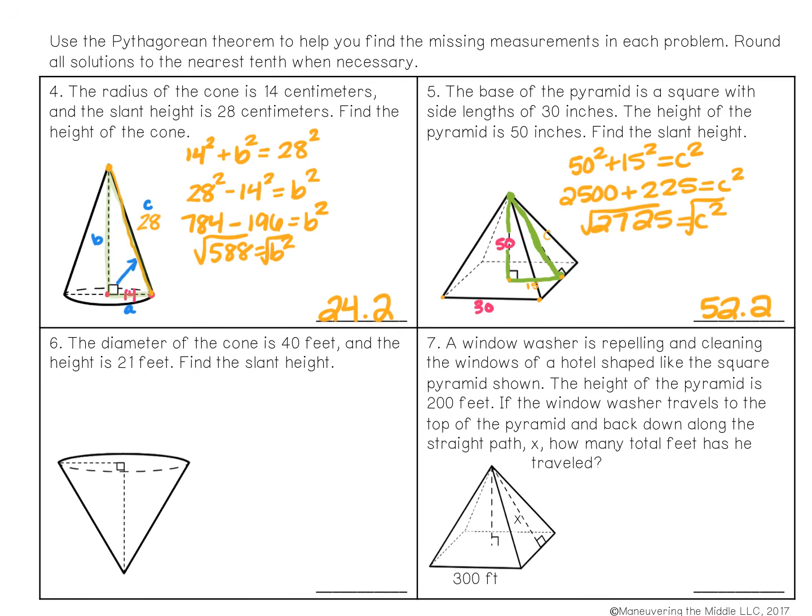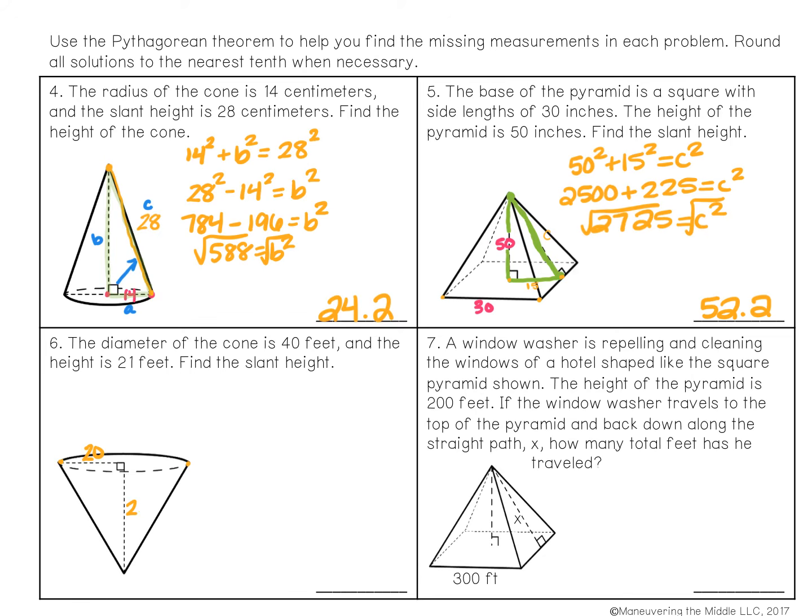Now that we've done some examples, I want you to try example 6 and 7 on your own. Now remember, radius is half of the diameter on a cone. All right, looking at example 6, the diameter of this cone is 40, which means that the radius is 20.